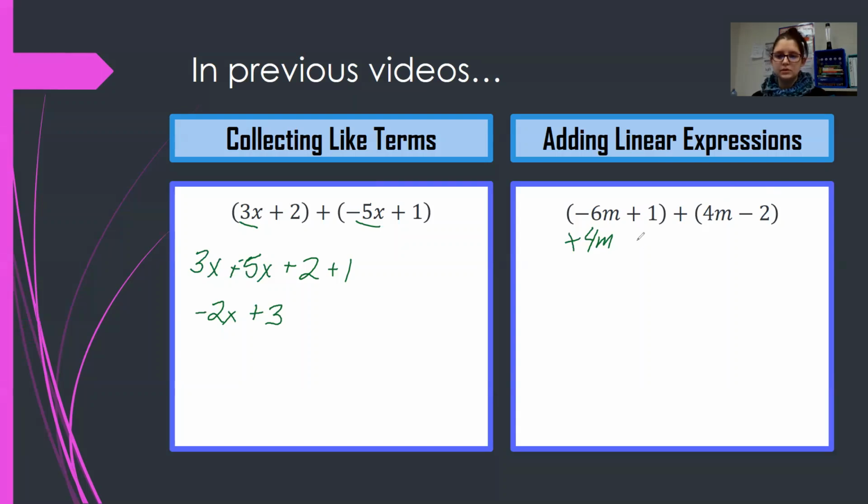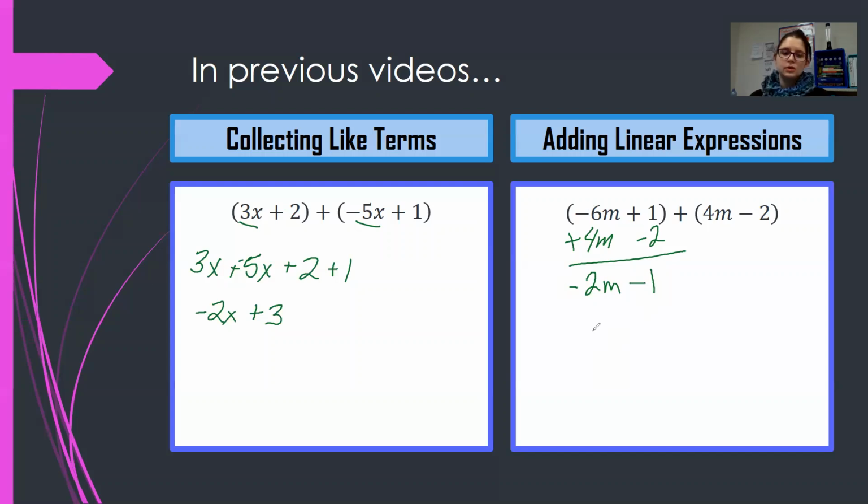And we'd take the minus 2 and stack it under the 1 and say negative 6m plus 4m. Those are different signs. It tells me to subtract. I get a 2m. I have more negatives, so it's a negative 2m. Positive 1, negative 2. These are different signs. I subtract and get a 1. I have more negatives, so I'd put a negative.